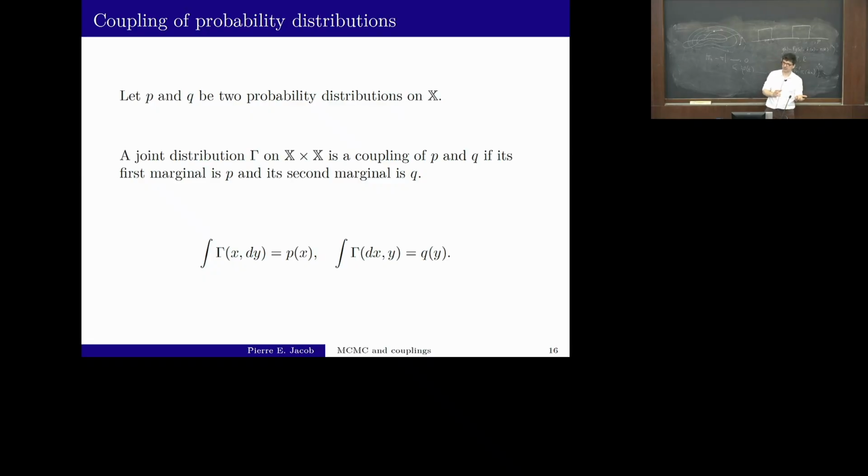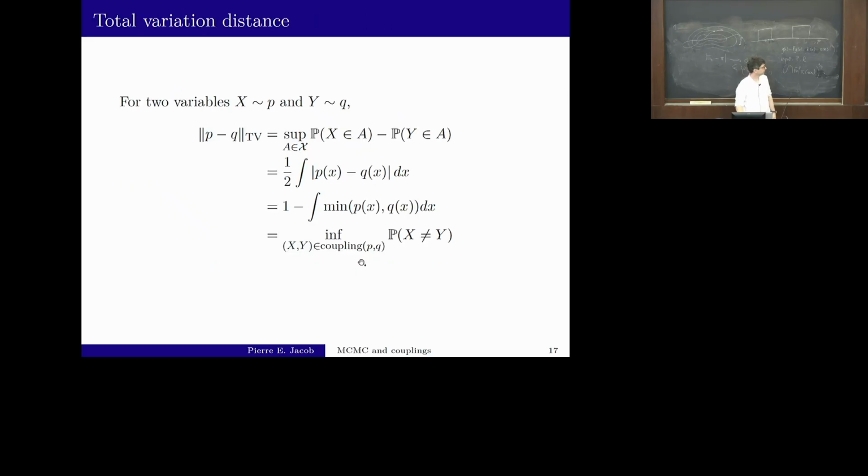So maybe you're familiar with the concept of copula. A copula is a joint distribution typically that has uniform marginals. So this is a joint distribution that has just given, prescribed marginals P and Q. So if you integrate the second argument, you get P. If you integrate the first argument, you get Q. And the TV, the total variation distance between P and Q, has many representations, so many definitions.